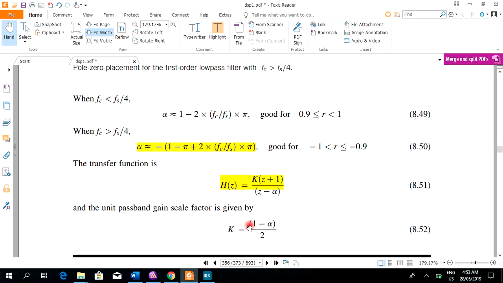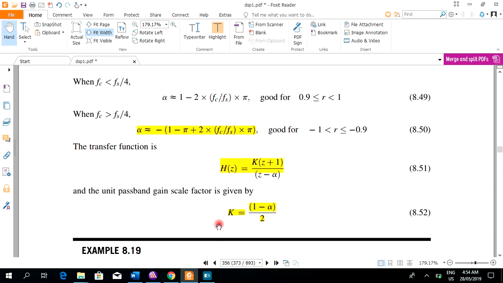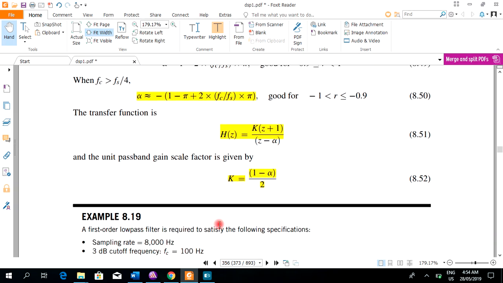K is 1 minus alpha by 2 for unit gain. It is called the unit band pass gain scale factor.